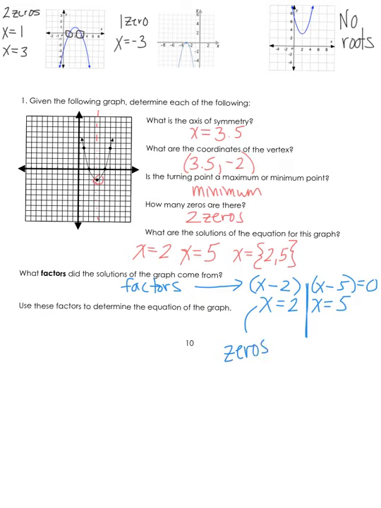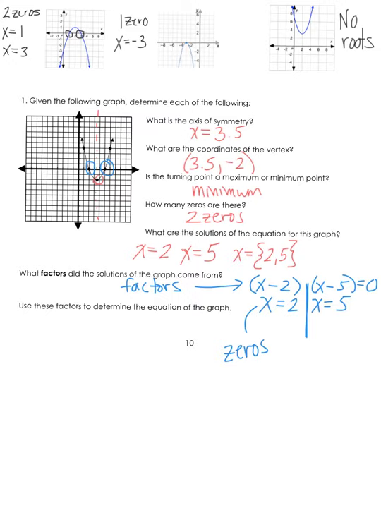This is going to be really important: to be able to look at a parabola and say, okay, it hits at x equals 2, it hits at x equals 5. If those are my zeros, can I work backwards to find the factors? You should be able to. If this is x equals 2, back in the parentheses would have been an x minus 2. If that was a negative 2, back in the parentheses it would have been an x plus 2.